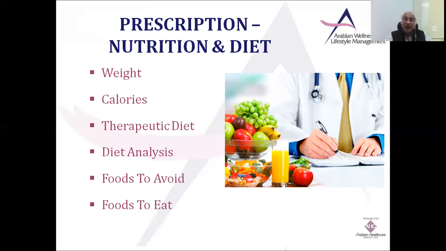We modify it according to your medical condition in case you need a DASH diet because of hypertension. The DASH diet is the world's best diet for hypertension. Or we give you a high fiber diet for your diabetes. That's a therapeutic diet. We do the diet analysis.